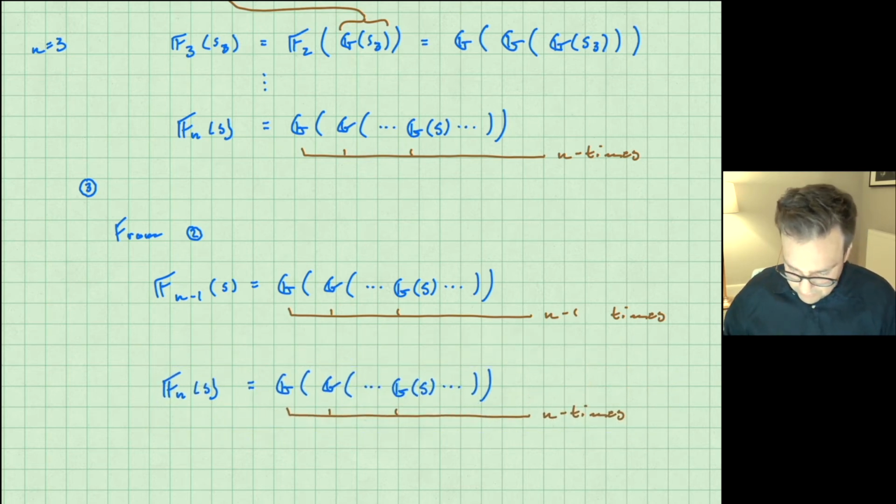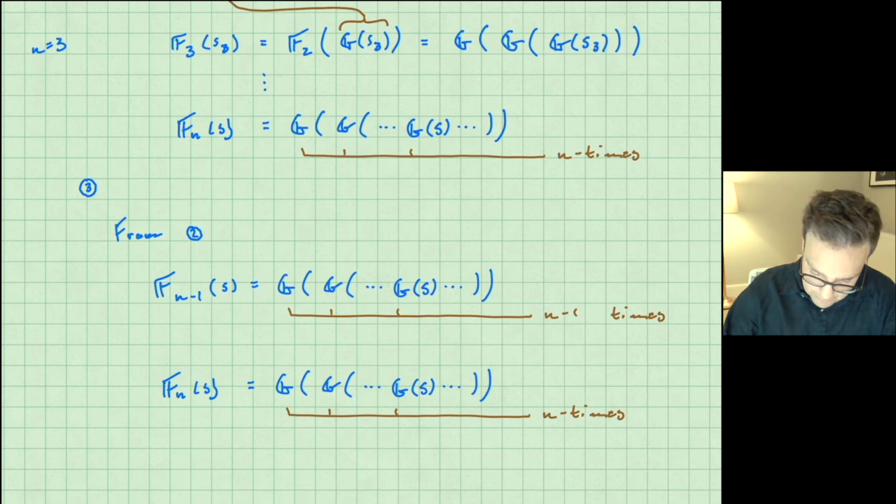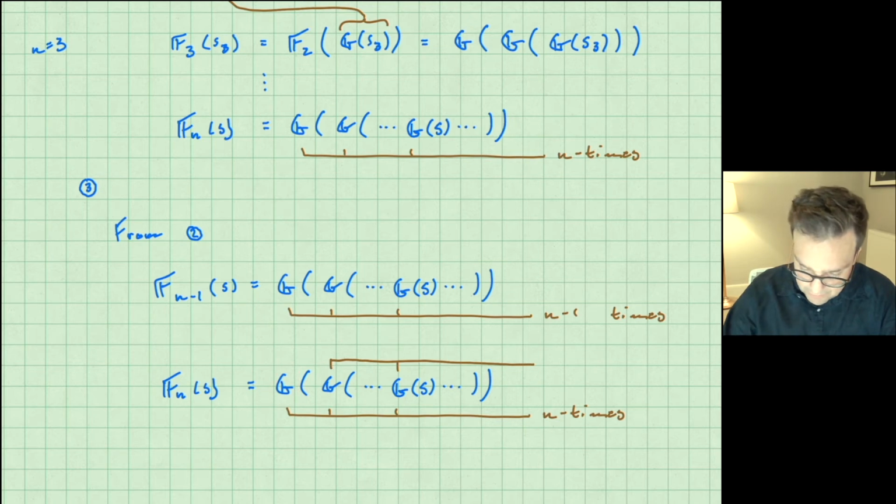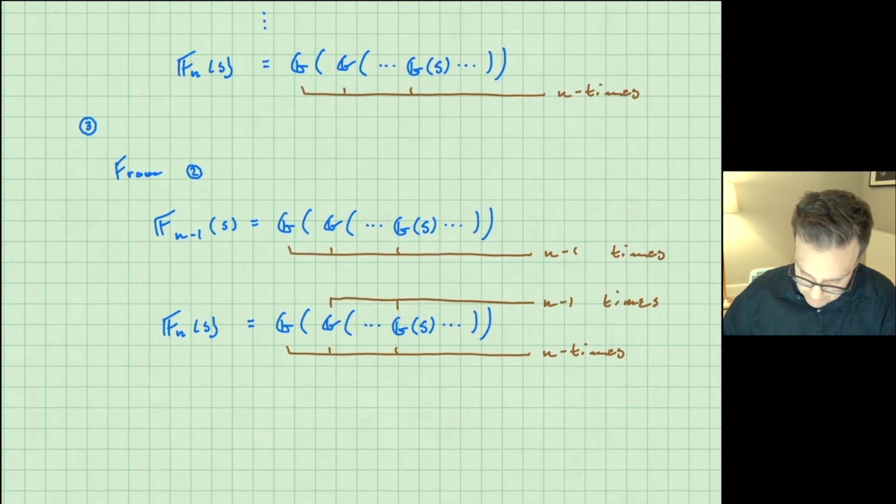Right, so if there's n copies of G there on the right, then if I just look at the interior ones, count those up. Right, so I'm neglecting to count this one, there should be n minus 1 of those. This is borderline proof by picture.